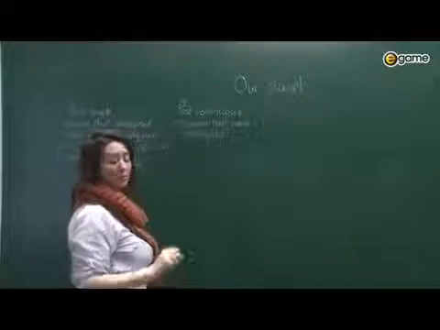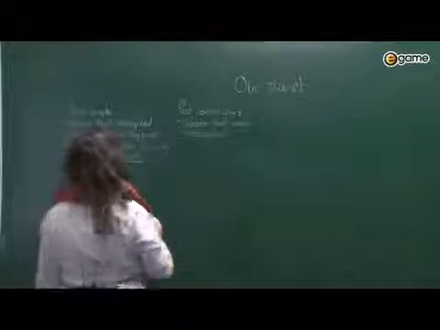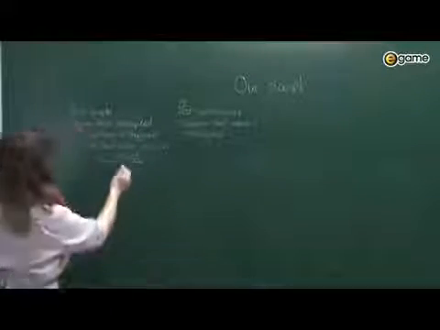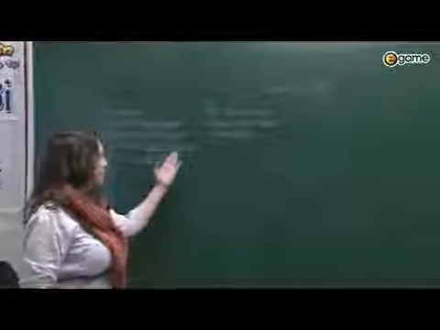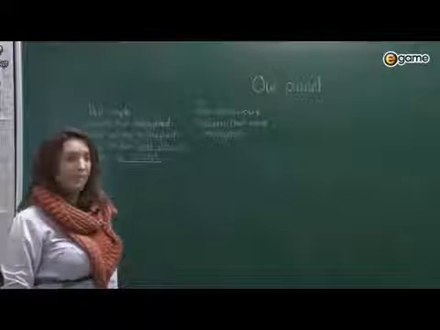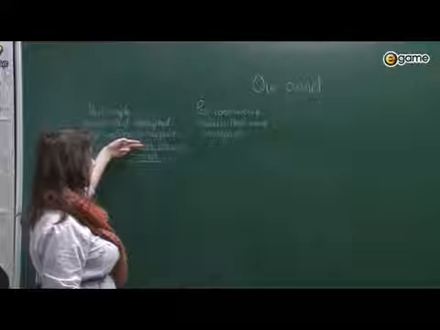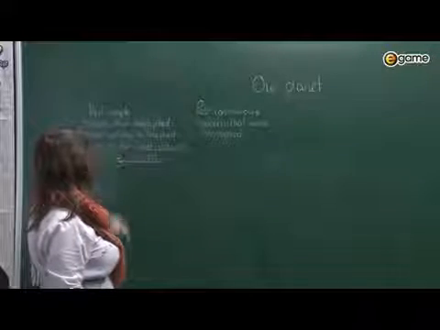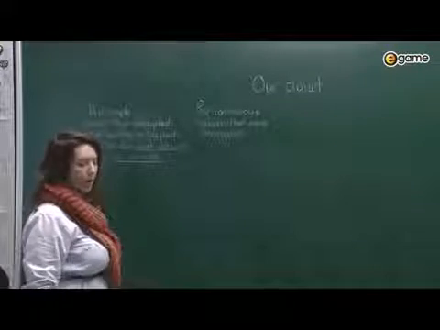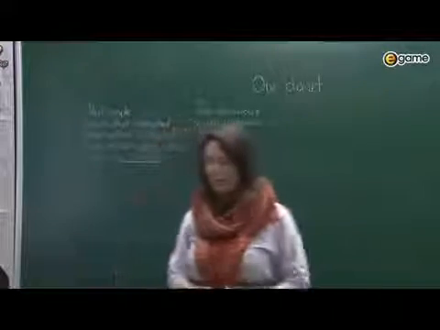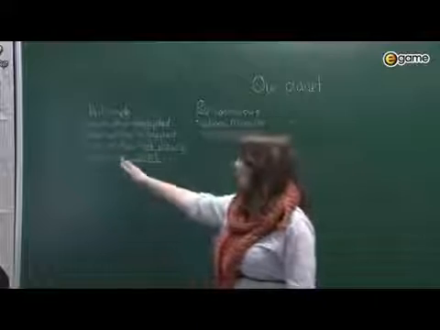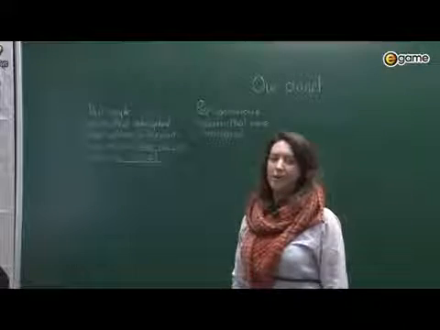Okay, so for example, the same example, were playing. That's the past continuous, which is the base verb, usually with ing. Okay, so past continuous and past simple. And we can use them together to make a full sentence. Some children were playing when we arrived.